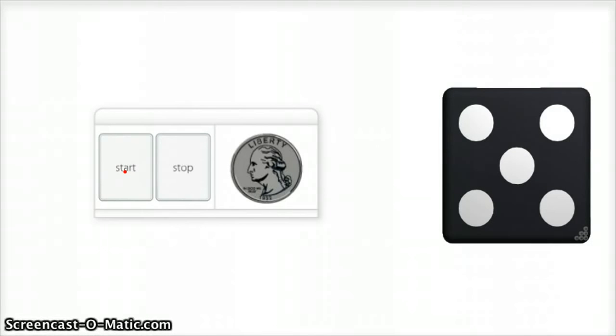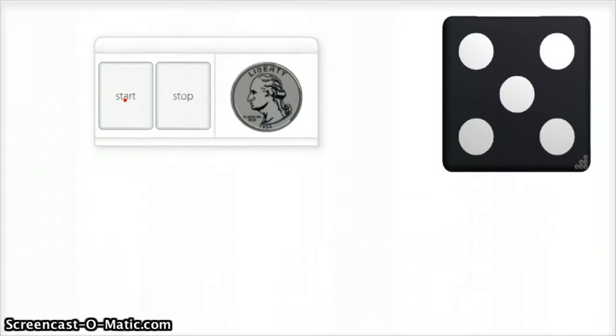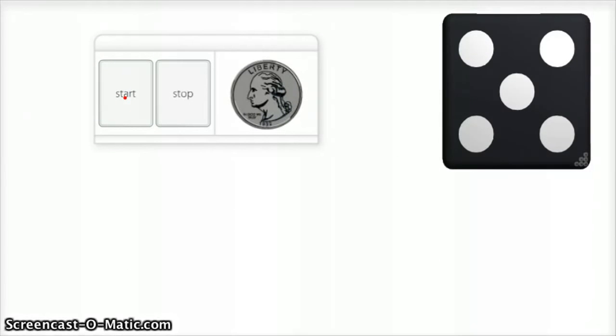What is the probability of flipping a head and rolling a 5? So the probability of an H and a 5.